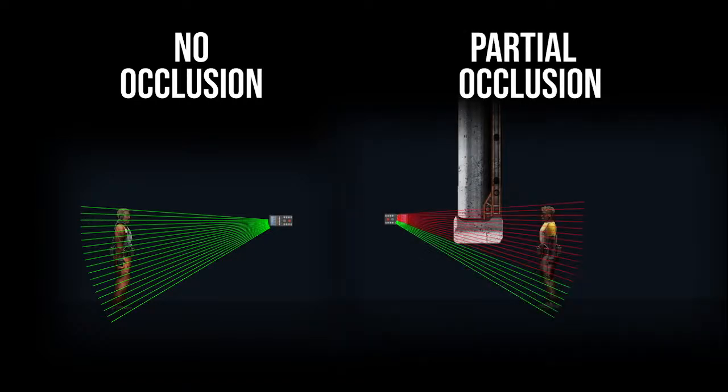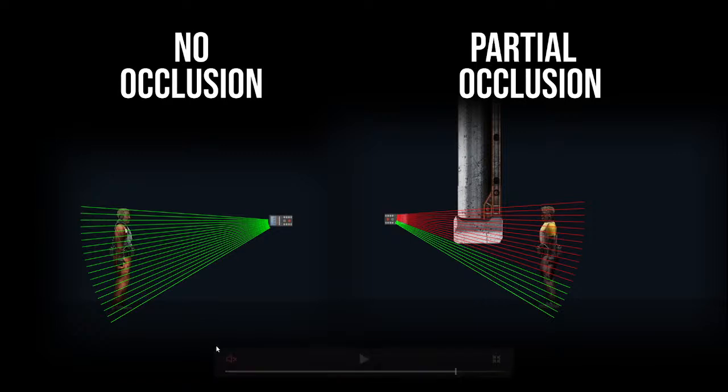I believe it. So basically, it's drawing all these lines to determine how much of the explosion is being blocked or not. In this case, the guy on the left is kind of screwed. The guy on the right has a wall partially blocking the explosion. So that fraction of the explosion is dropped.